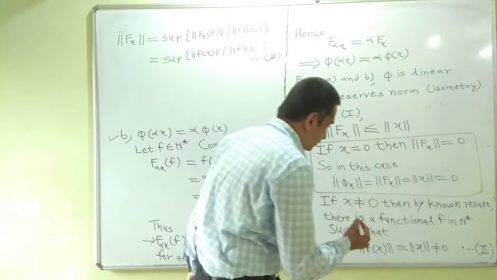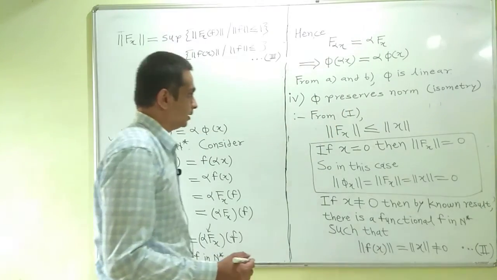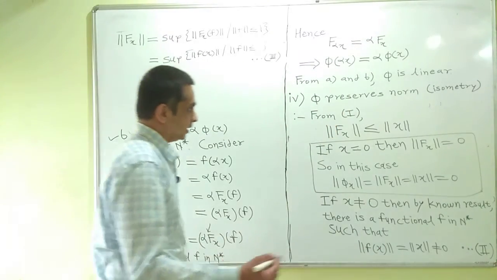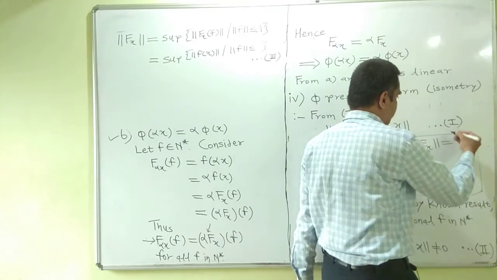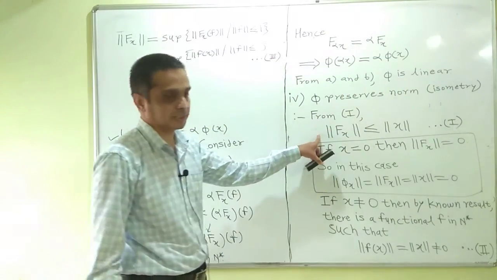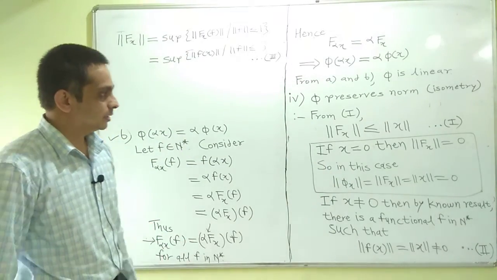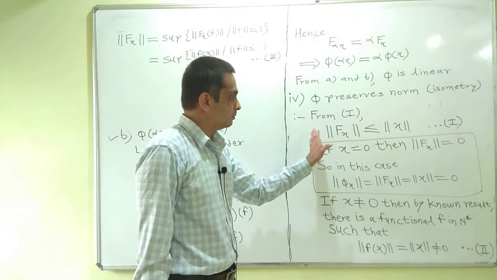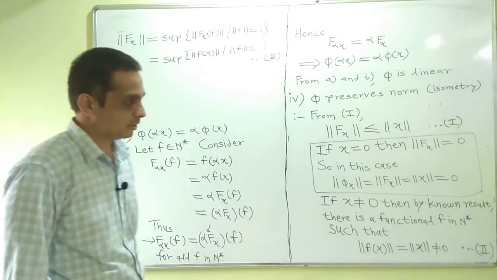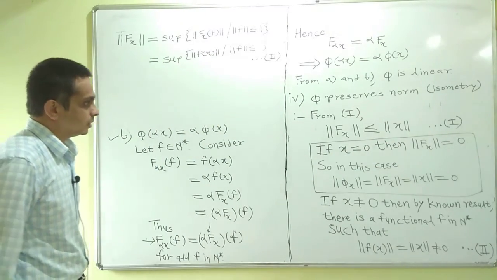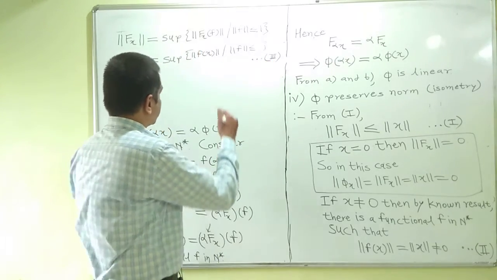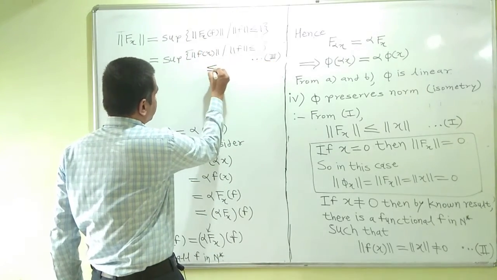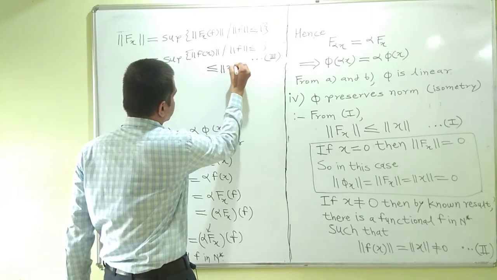And from the previous part of the proof, we had called this the first statement. So I can again number this one as first. From first, this supremum is less than or equal to norm x.